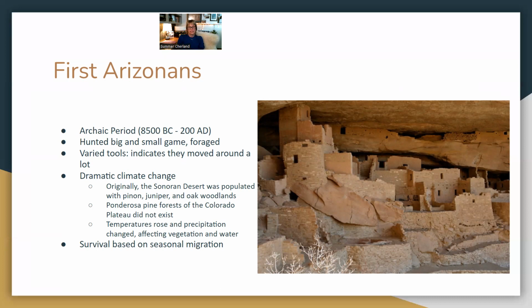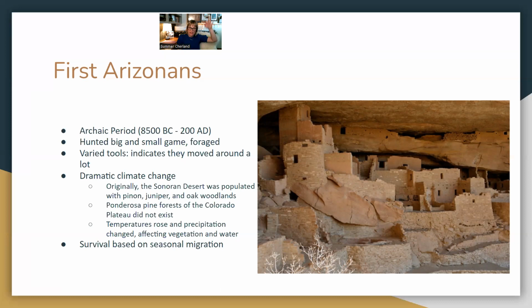They hunted big and small game. They foraged. They used a variety of tools, and this indicates that they moved around a lot and adapted to their surroundings. They were impacted by dramatic climate change. So for example, the Sonoran Desert, where we live, was populated with pinyon, juniper, and oak woodlands long before it was a desert, the one that we know of.